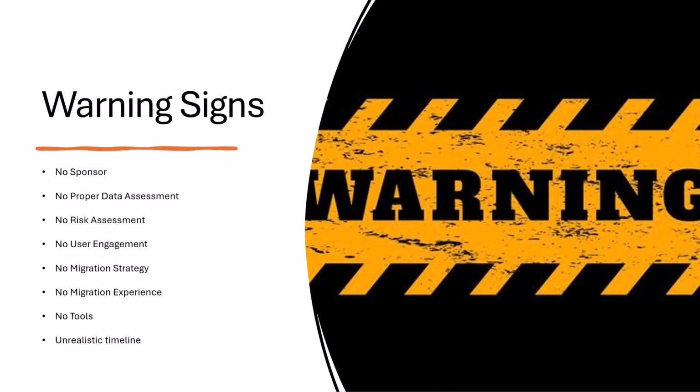Some warning signs you need to be aware of: if there's not a proper sponsor within the organization that can really stand guard for what is going on and what is required from a project like this. It's also a warning if you don't get the proper assessment or you don't have the proper access to the environments on both sides, because it can be very hard to migrate data if you don't get that full access and full overview.